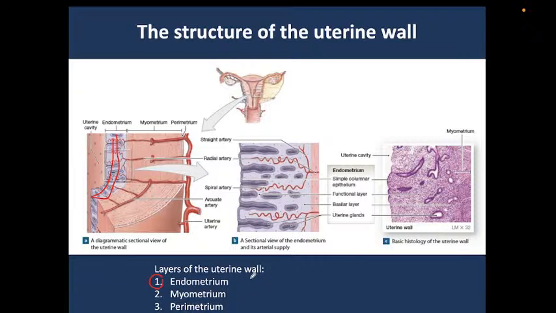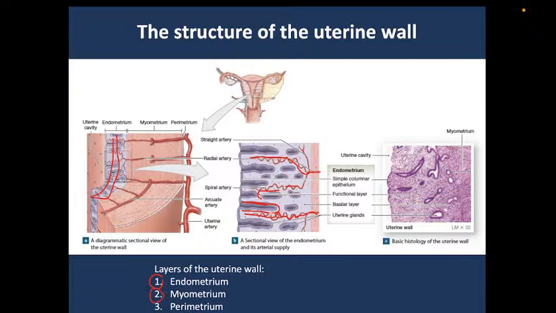This is the mucosal layer, which has a special name in the uterus, endometrium, because here are located a lot of glands producing secretion. These are glands of the endometrium, and there are a lot of spiral arteries. They come from the myometrium, the second layer, and usually they have a spiral structure.